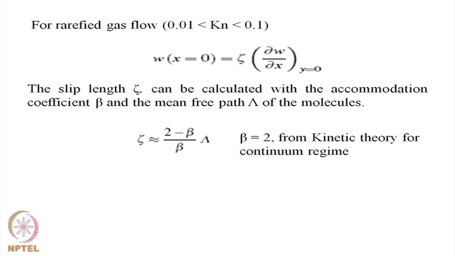So, this slip length can be correlated with the accommodation coefficient beta and the mean free path of the molecule. As you can see, when beta is equal to 2, from kinetic theory for the continuum regime, we know that in the continuum regime the concept of slip does not arise.